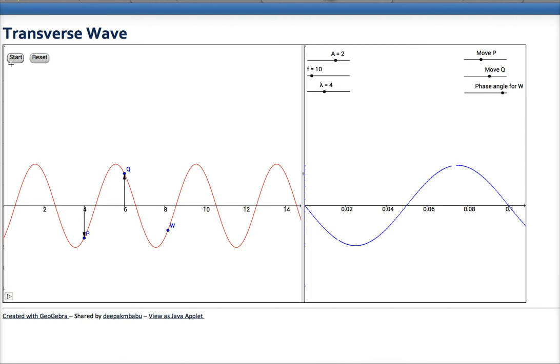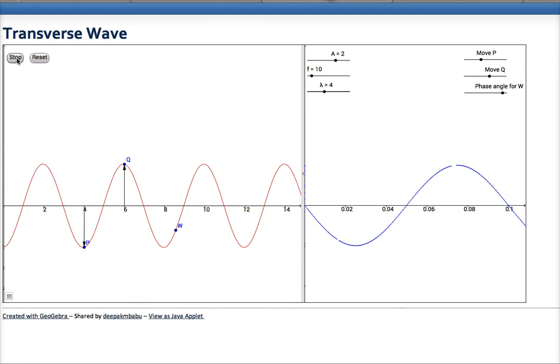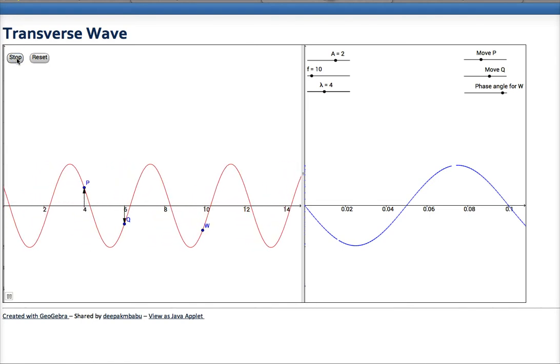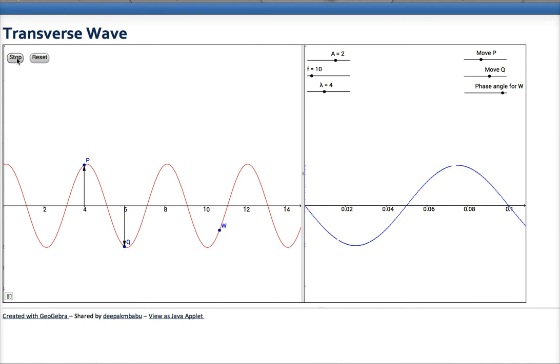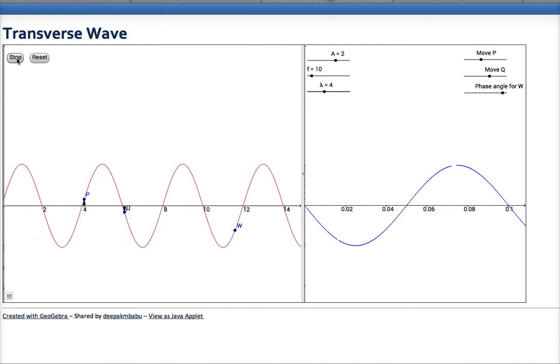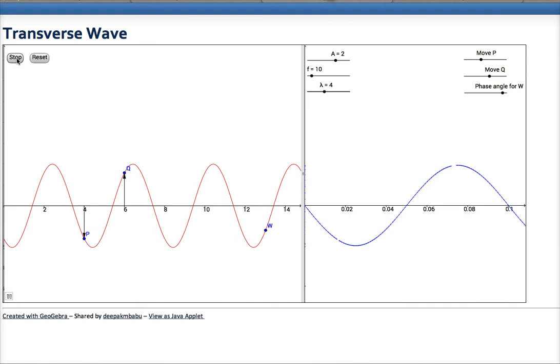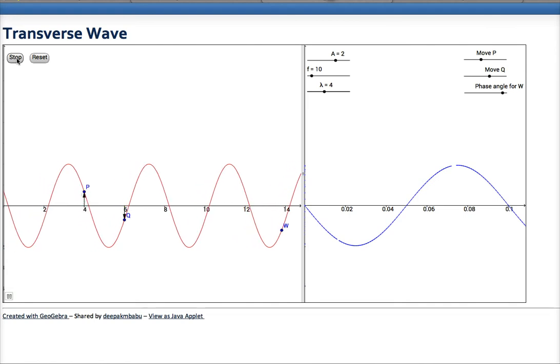Okay, let's go a little bit further. Let's play it and observe the motion of P and Q more carefully. Can you see that particle Q is doing the exact opposite of what particle P is doing? It's the exact opposite.